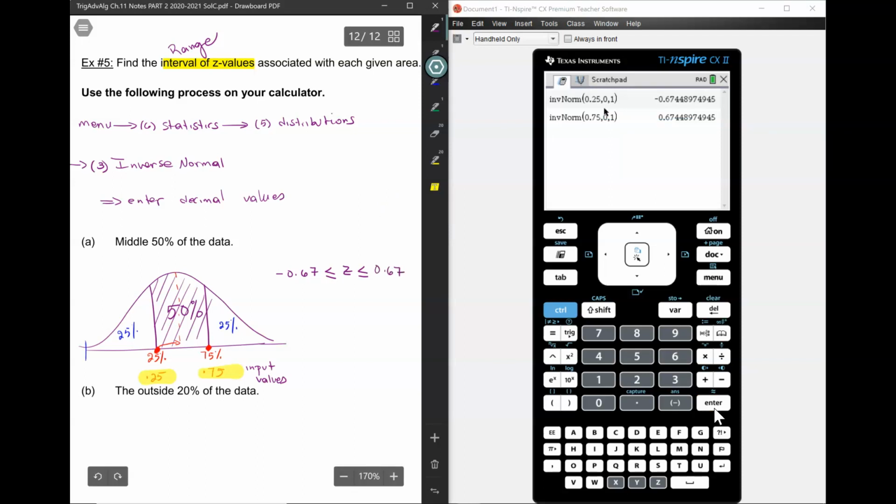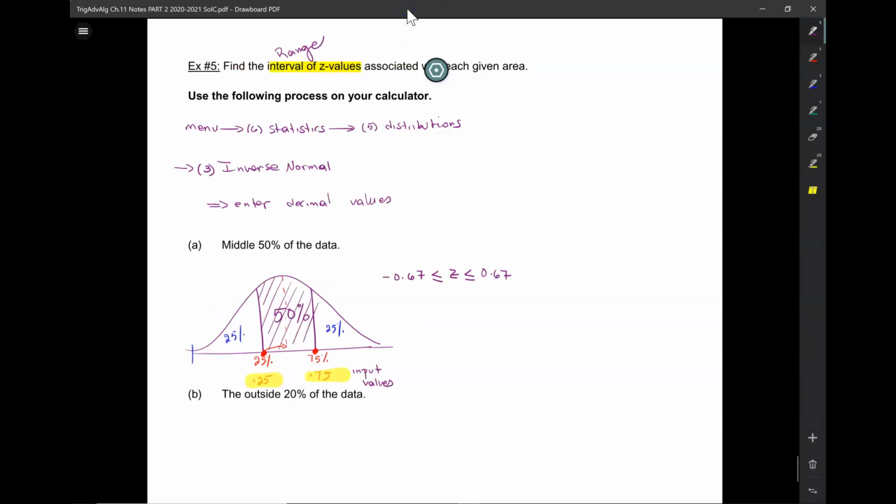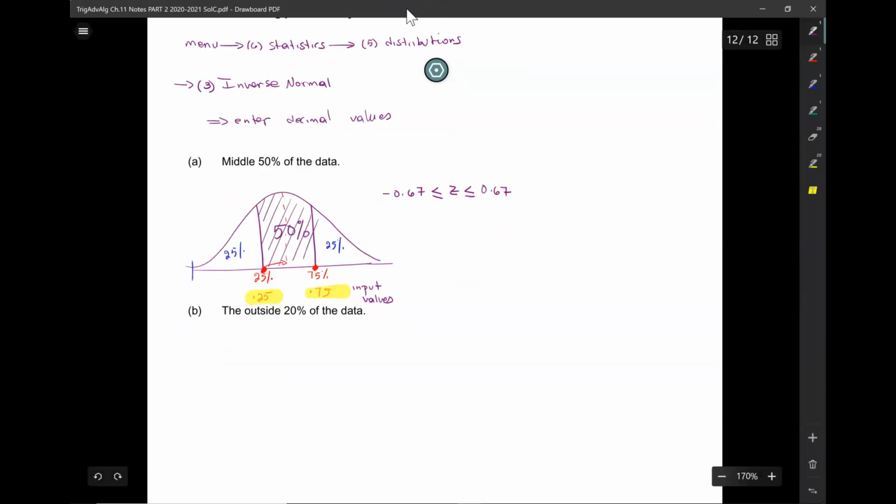0.67. Okay? Because it's symmetric, and each of these numbers represents how far away you are from the mean, it makes sense that you're the same amount away to the left that you are to the right.